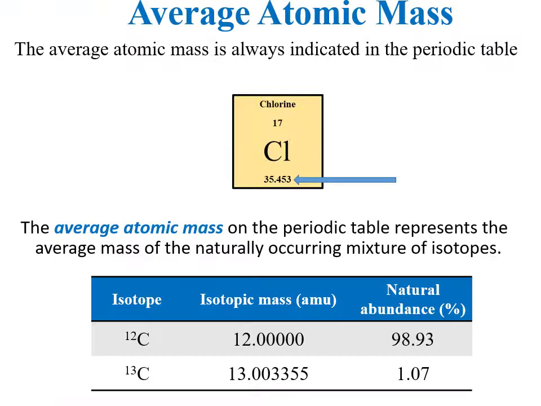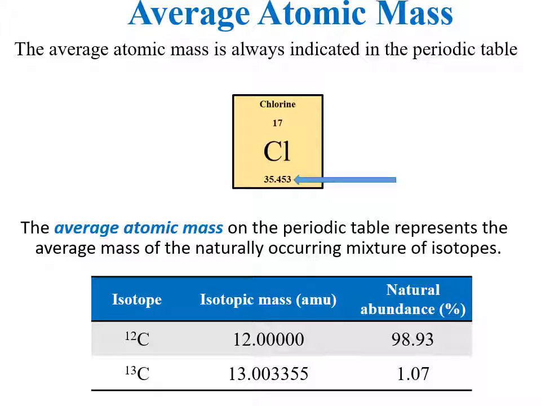As it turns out, it is an average, but it is a weighted average, and it depends on the natural abundance of each isotope. So if you see, for example, carbon, there are two isotopes, one with isotopic mass 12, and the other one with isotopic mass of 13.003355.